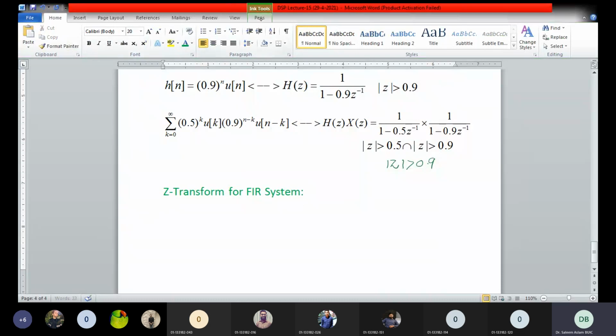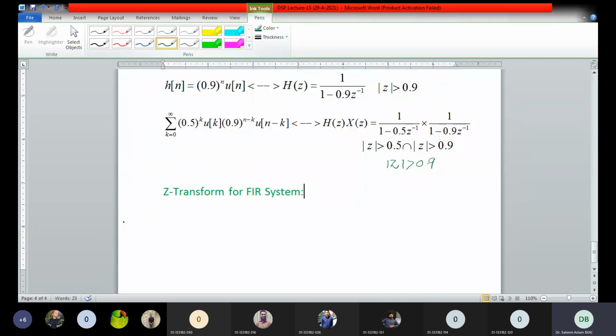Keep in mind that in an FIR system there is no pole. Because we have a pole-zero plot in Z transform, here we only have zeros. No poles. Right, so there might be a pole only at z equal to 0.